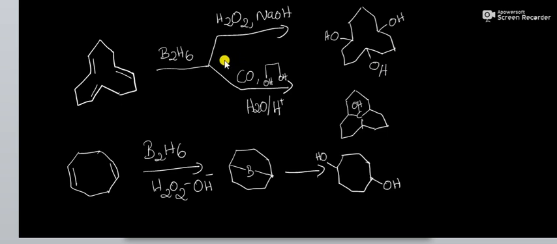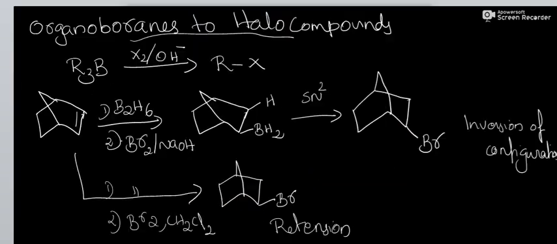Whereas if we add carbon monoxide, carbonylation in the presence of ethylene glycol, followed by hydrolysis, it will be converted into tertiary alcohol. Then this is our 9-BBN, followed by reaction with hydrogen peroxide and base, it will be converted into primary alcohol.